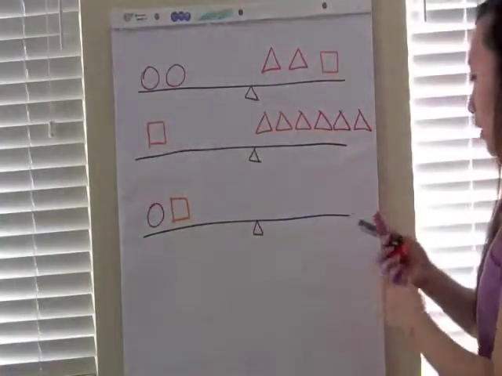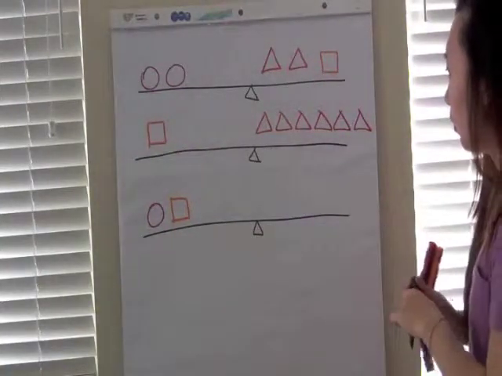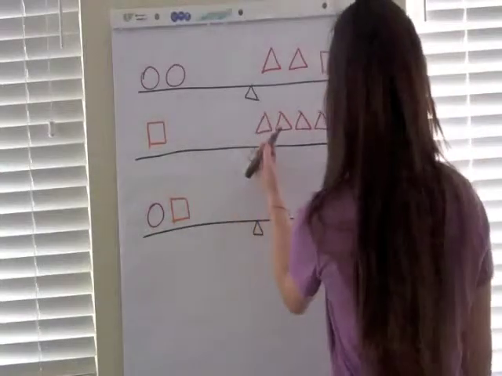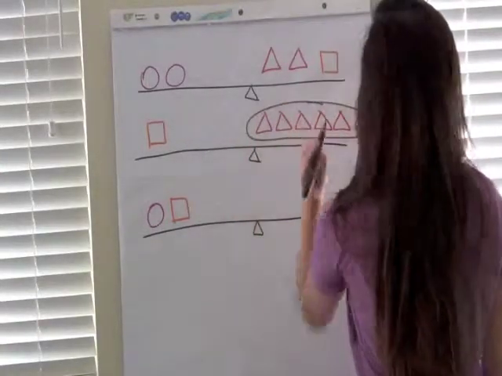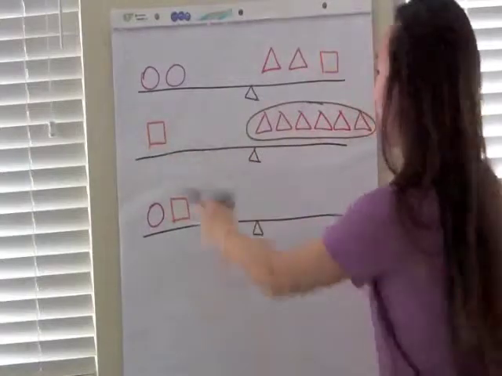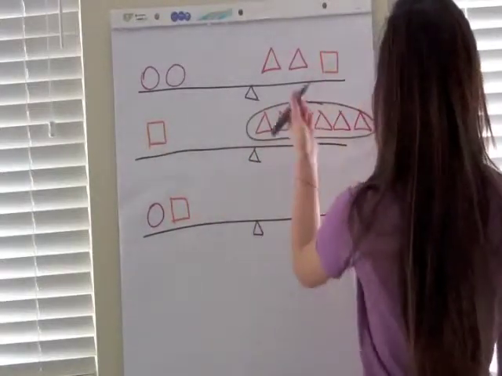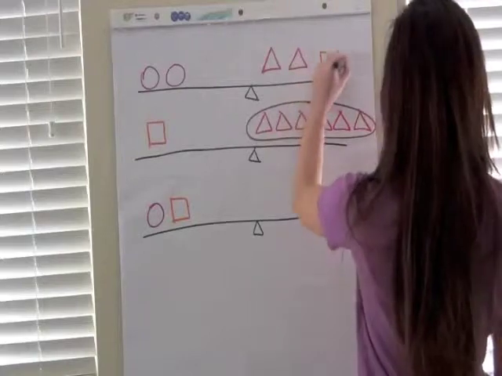Okay, so from this scale, we see that these 6 triangles have the same weight as a square. Because this square is equal to this square, we can just replace it with these 6 triangles.